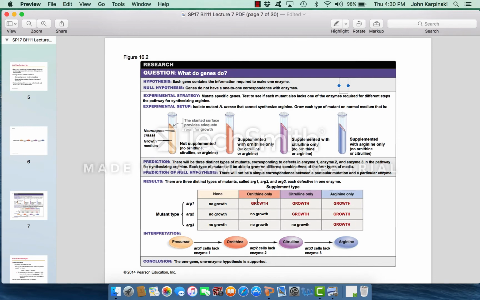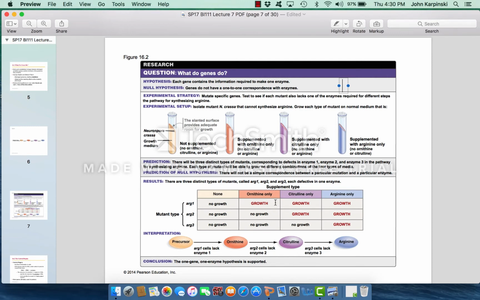So wherever you see growth here, that indicates that arginine is synthesized, because remember, arginine is an important amino acid for the development of proteins. So if arginine is lacking in a cell, it is unlikely it will proliferate or reproduce. So look here that there was growth with the arginine 1 mutation when ornithine was present, but not growth for the other 2 mutant types.